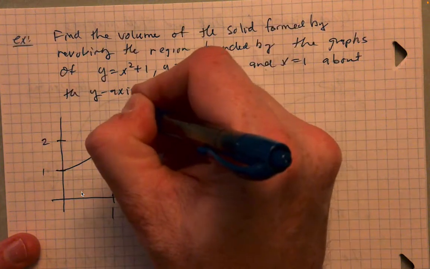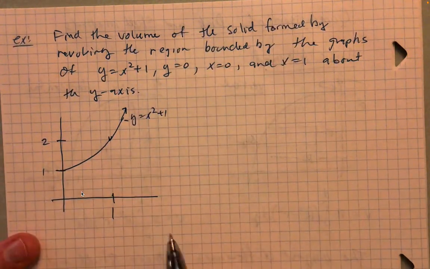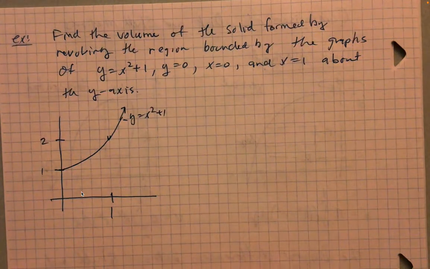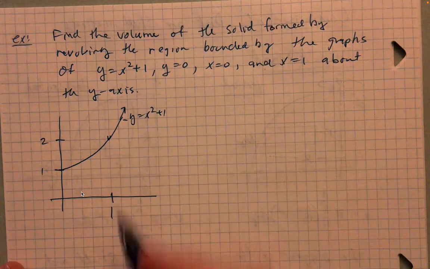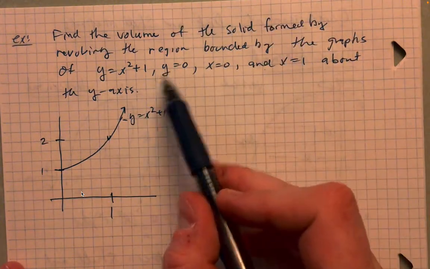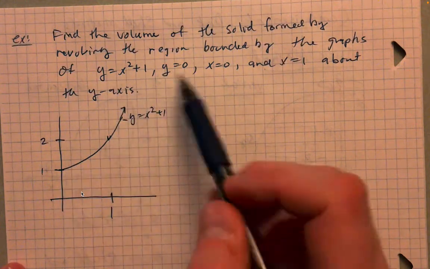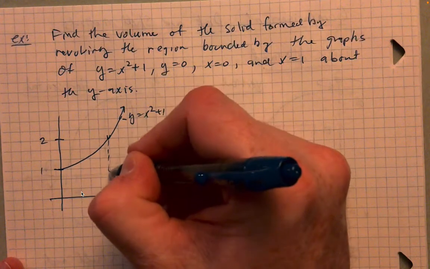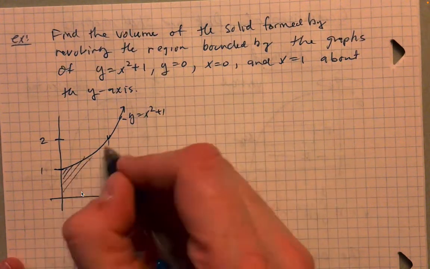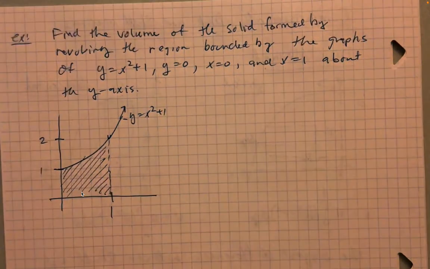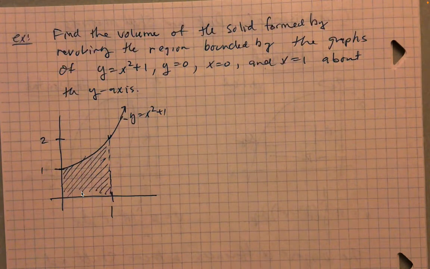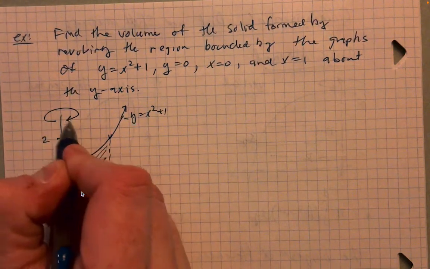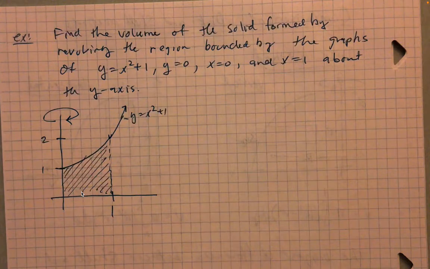It's just a quadratic function, so we know what that looks like, shifted up 1 unit. And we're interested in the region bounded by this function, y equals 0, x equals 0, and x equals 1. And so we can see that's just this piece here. And then we're going to rotate this around the y-axis.